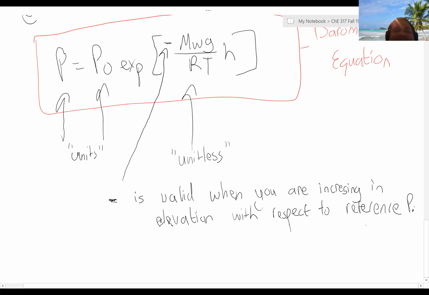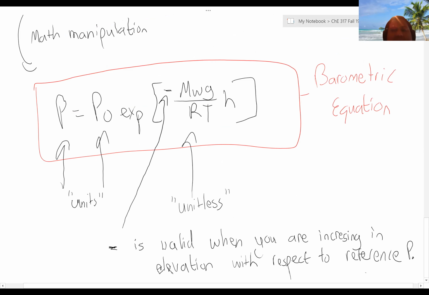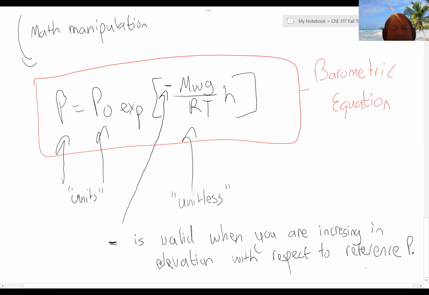What that means is if you're starting at sea level and you're moving up, your final pressure should be less than your reference pressure. And vice versa, if you're looking at something that's high up and you're moving down, that final pressure should be higher. So just keep that in mind in terms of when it's necessary to use the sign within the exponential term.